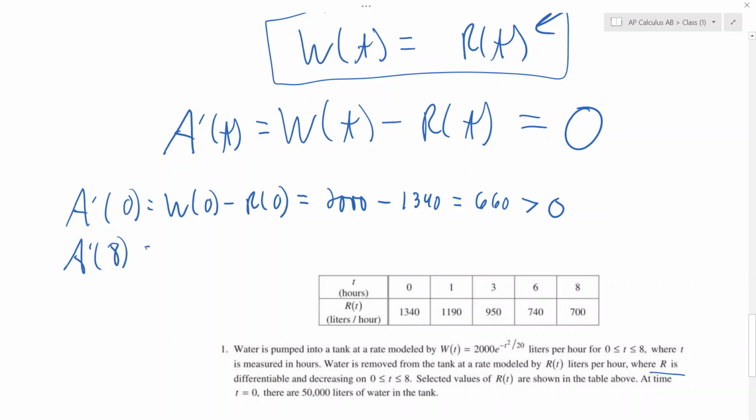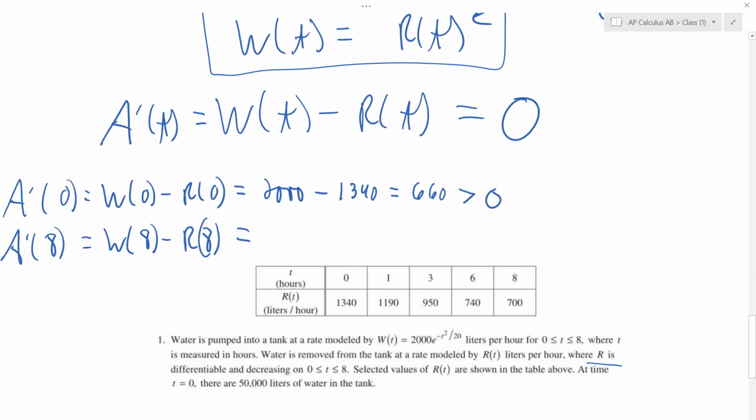I'm also going to find what it is at 8. Now to do that, we need to know what W of 8 is. Somebody calculate that out for me. 81.524, thank you. I don't know what that is when you subtract them, but that value is most definitely going to be negative. 81 minus 700 is a negative value.